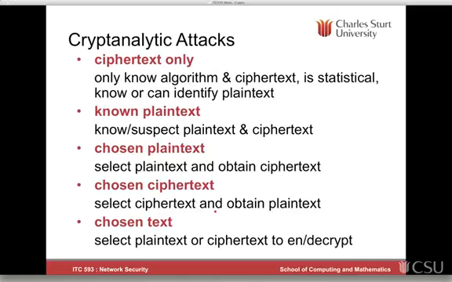The most difficult problem is presented when all that is available is the ciphertext only. In some cases, not even the encryption algorithm is known, but in general, we can assume that the opponent does know the algorithm used for encryption.